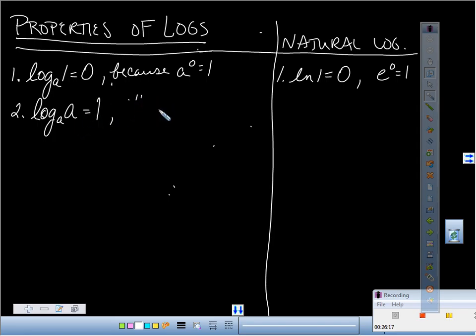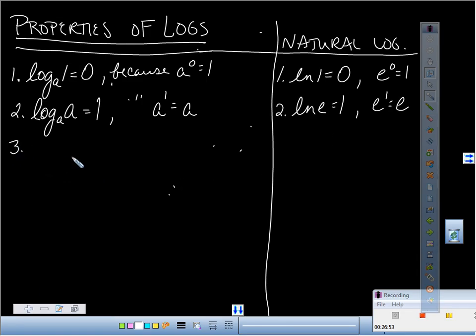And the reason is because A to the first is equal to A. So over here, it's going to be ln of E. Very good, because that's a base E. ln of E is equal to 1 because E to the first is equal to E.